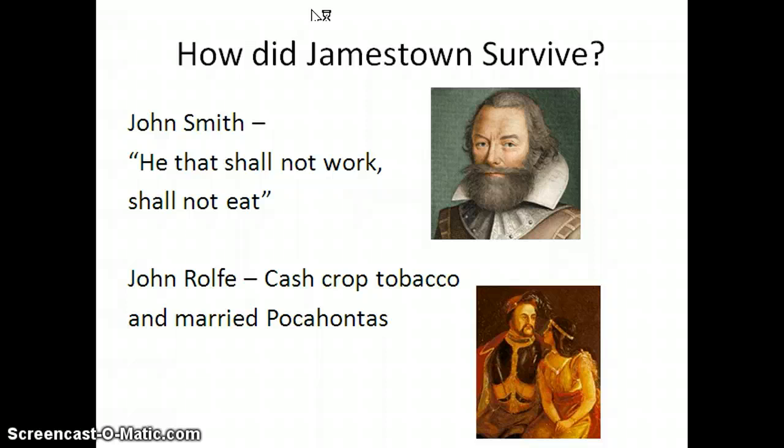Unlike what the Disney Channel would like you to believe, John Smith did not marry Pocahontas. Pocahontas was a princess of a local Indian tribe, and she helped relationships between the settlers and the Indians. She married John Rolfe and later traveled to England and was presented to the king.